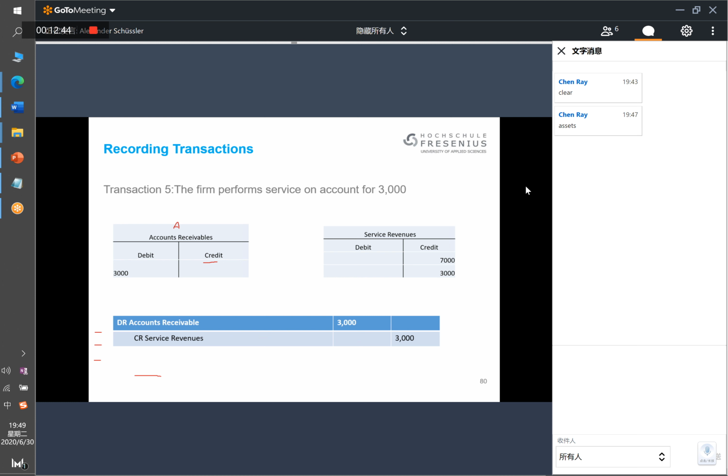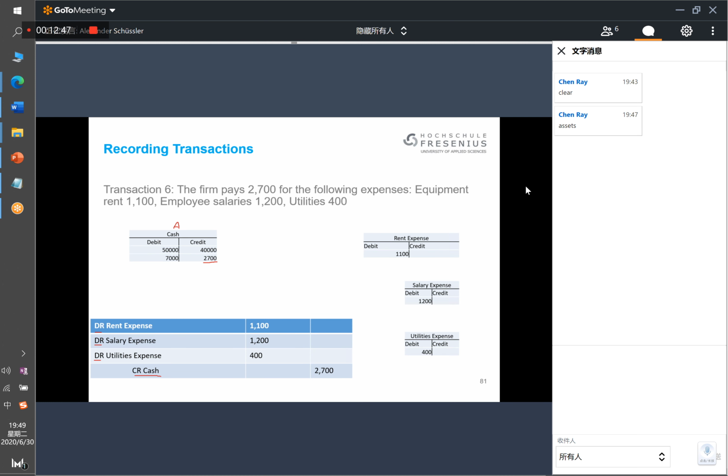When you debit them, they go up. We have rent expense of 1,100 debited, it goes up.